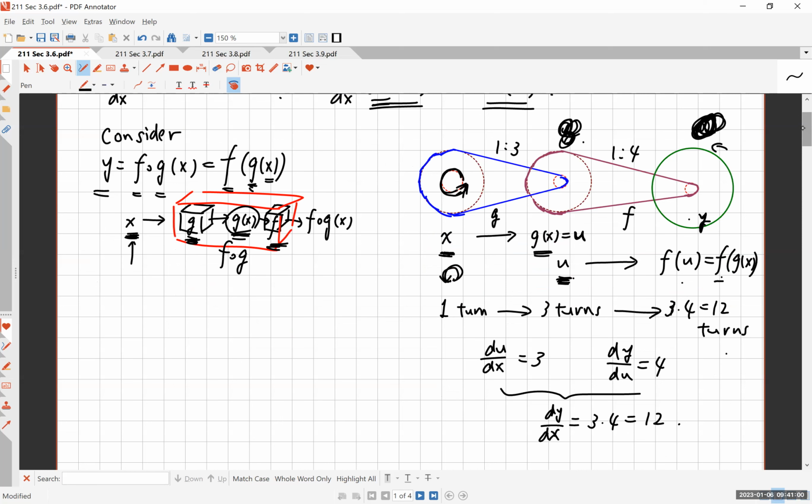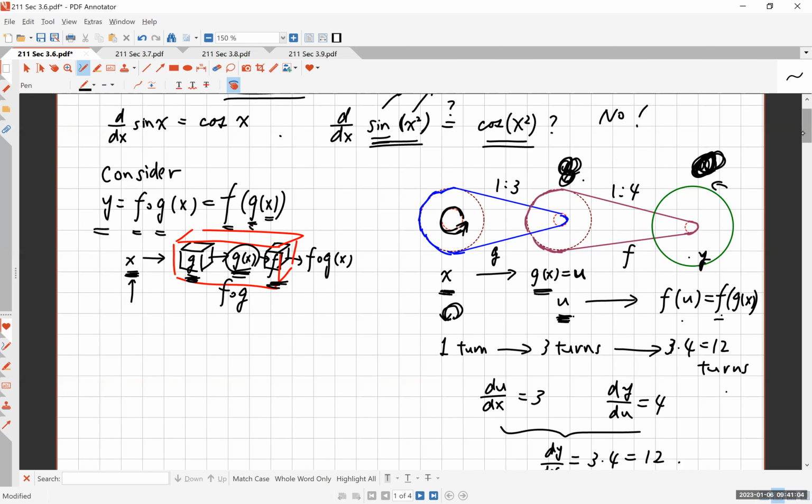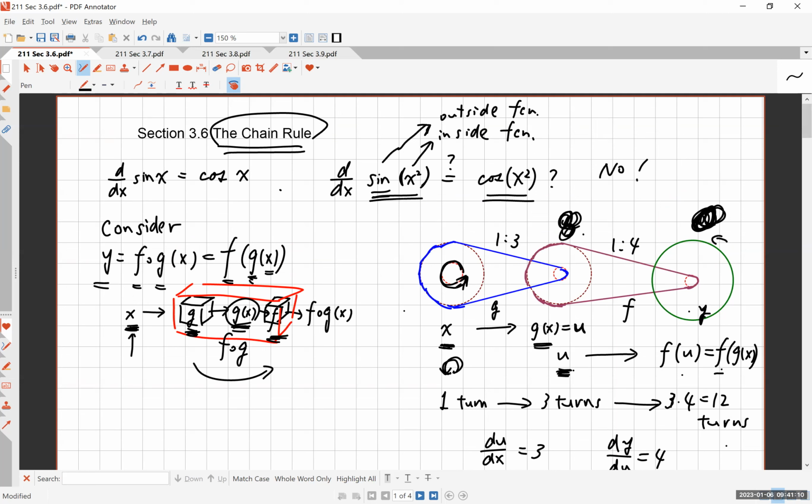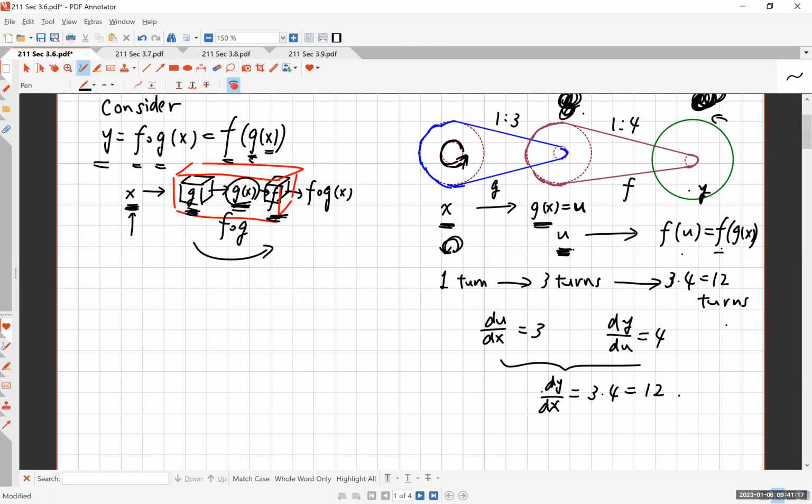We have to figure out the rate of change for each, right? But because you have a 2-step function, it makes sense by looking at this gear and chain picture that you should multiply the 2 derivatives together. All right, now let me go ahead and write this down.